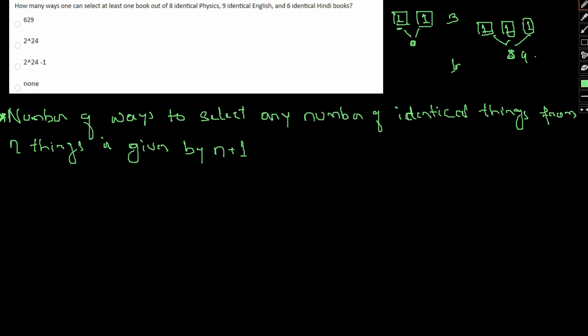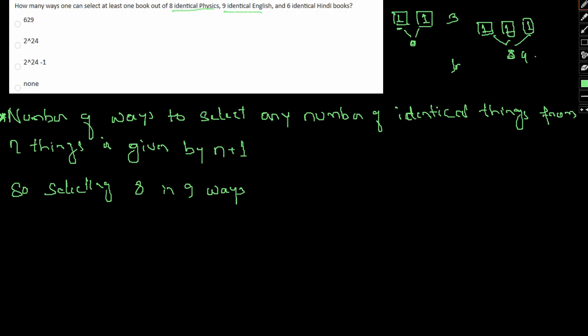Now, if we talk about all the things, here it is given 8 identical physics books. So for this case, selecting from 8 can be done in 9 ways.